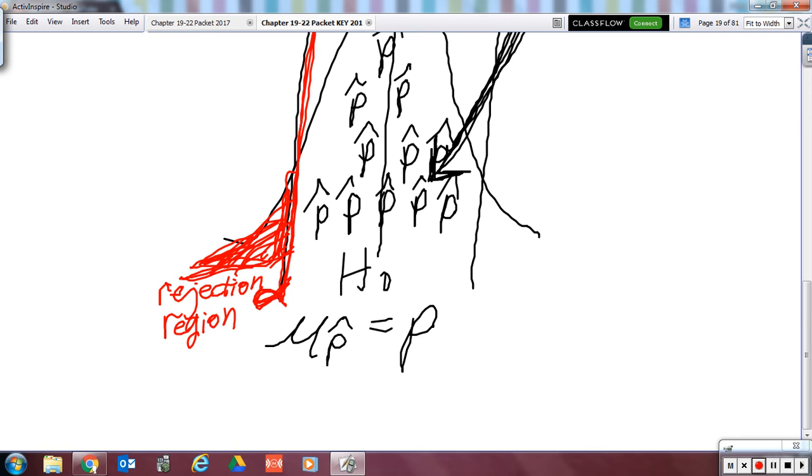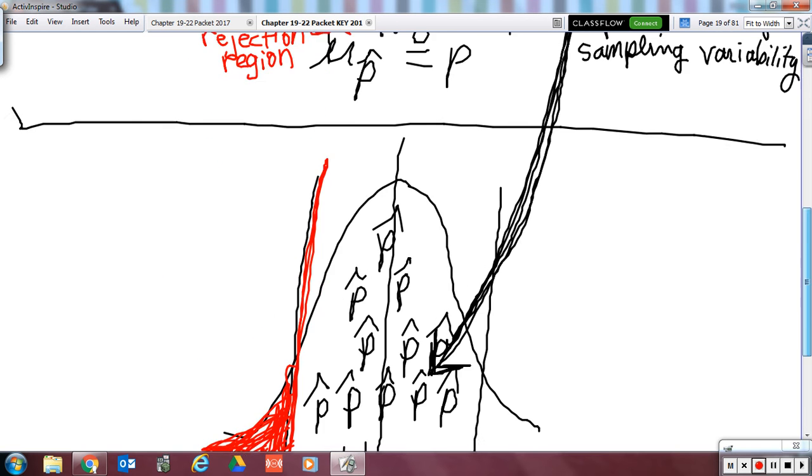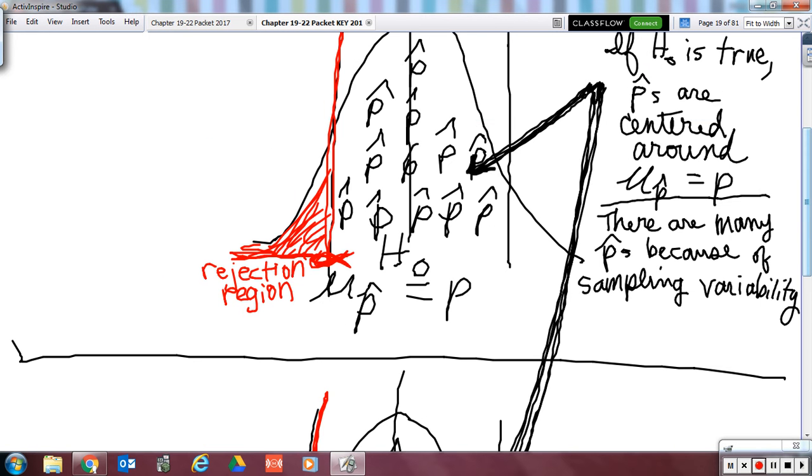There's the size of my rejection region, whatever size they told me alpha was. Okay? If I get a sample in there, then that's going to make me reject the claim, the null hypothesis claim.